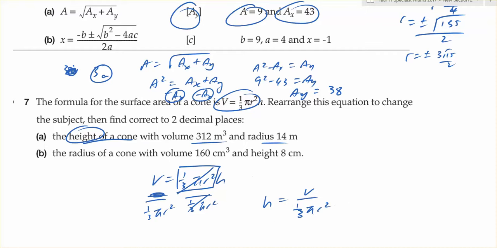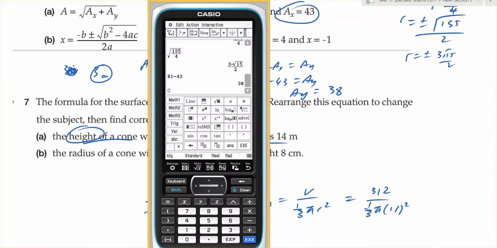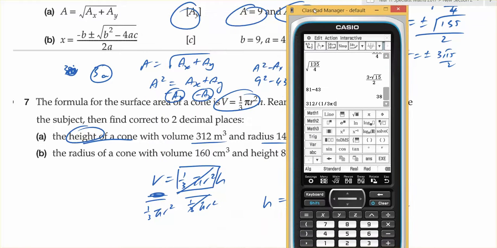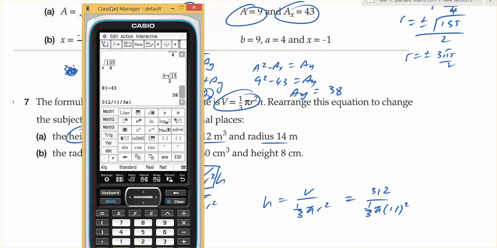I want to sub in the volume of 312 and the radius of 14. So 312 divided by a third pi 14 squared. Let's work that out. 312 divided by a third pi r squared, pi times 14 squared.